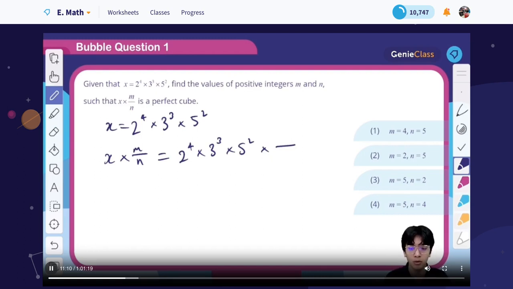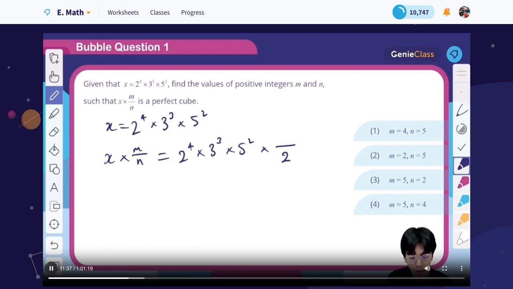How do we make it a cube? If we look at 2 power 4, to make it a cube, we have to divide by 2. And 3 cubed is already a cube, so we don't need to touch it.